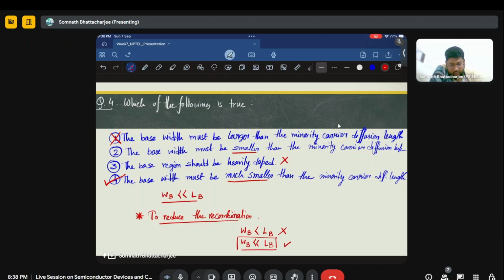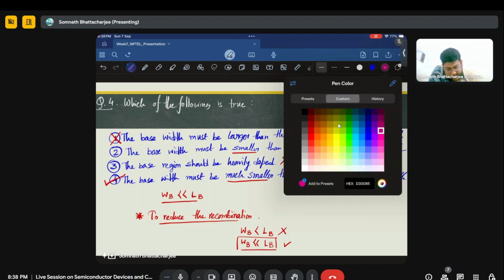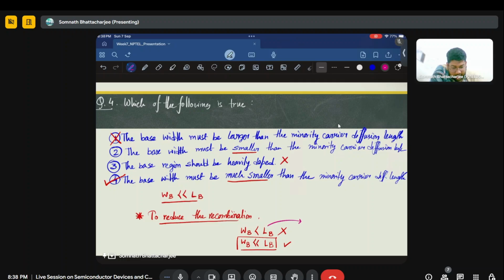Otherwise, in this case, there may be a higher amount of recombination with respect to WB much less than LB. Why do we say maybe?